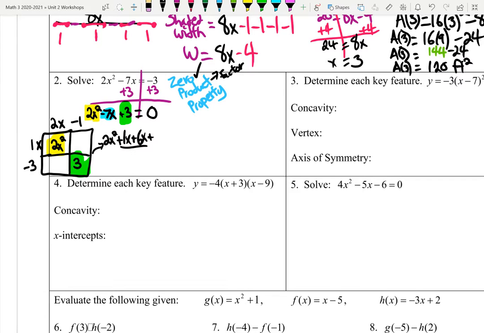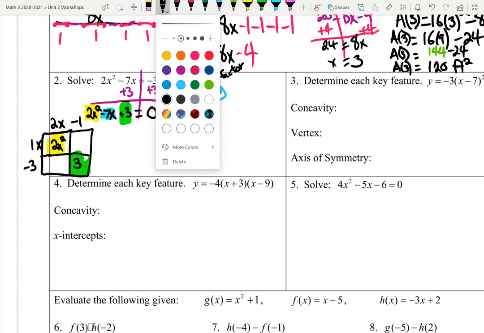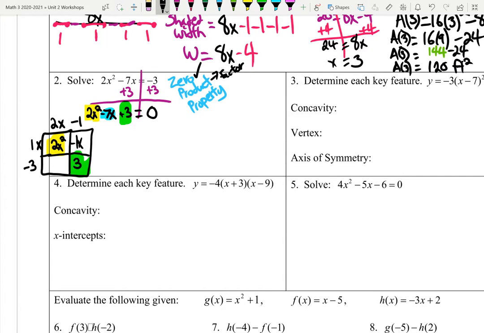This is going to have the effect, when I multiply it out, of turning it into negative 1x, negative 6x. This minor adjustment is going to produce 2x squared minus 1x minus 6x plus 3, which is negative 7x.